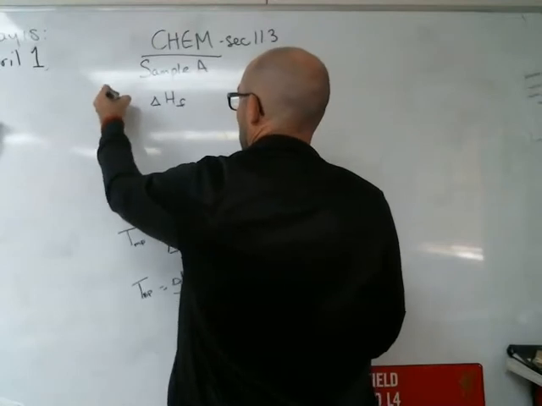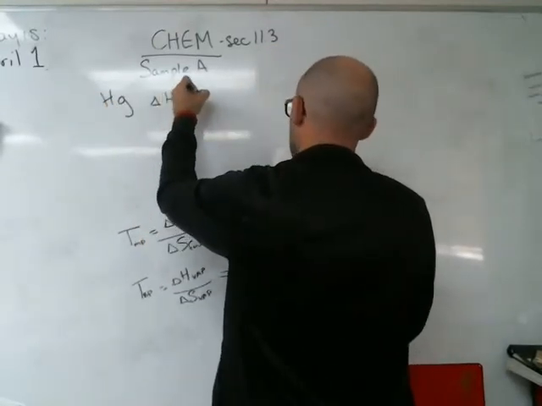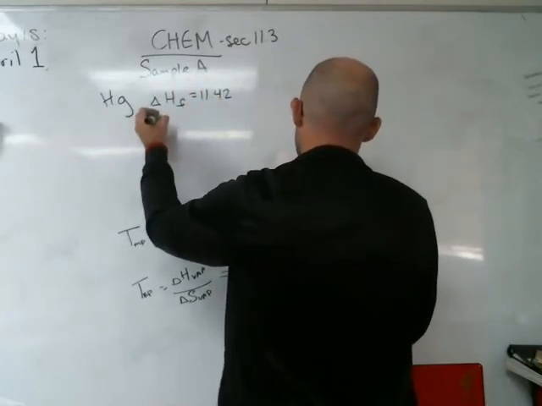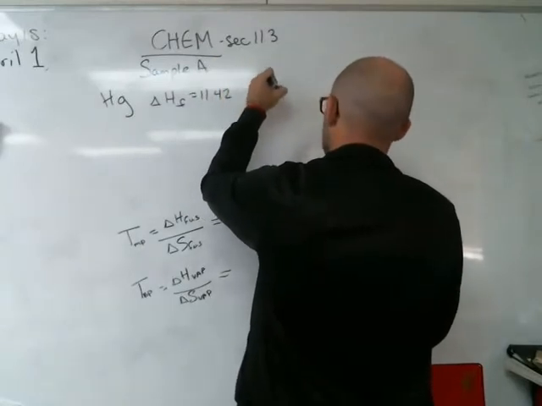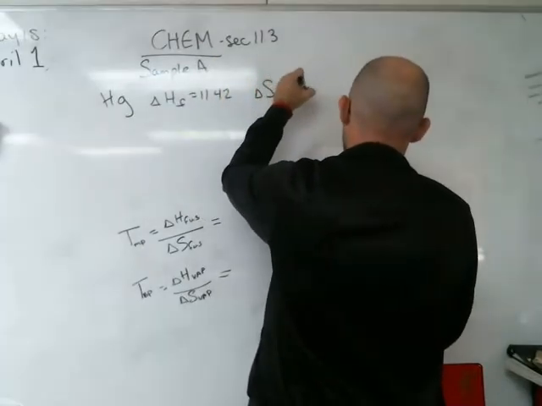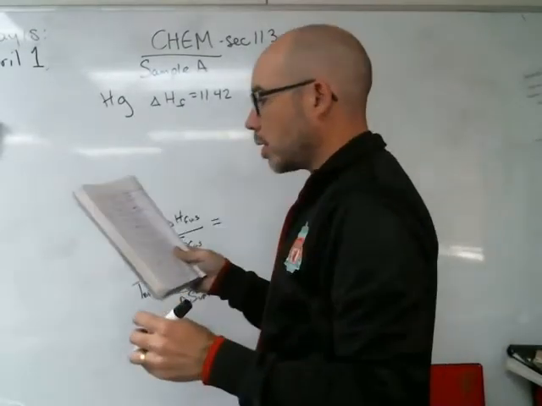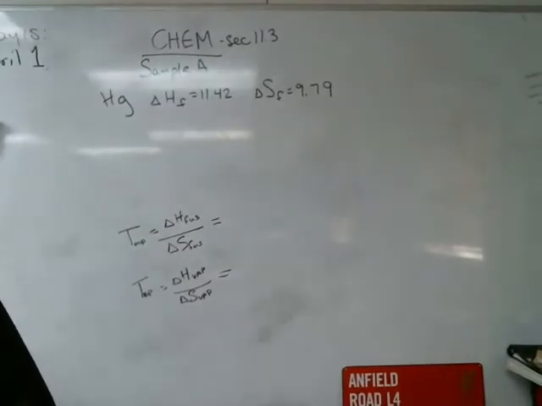So we're just listing off here the information for mercury. Delta H of fusion is 11.42. We got delta S of fusion 9.79. Both of those are joules, I believe. Joules, joules, joules, joules.